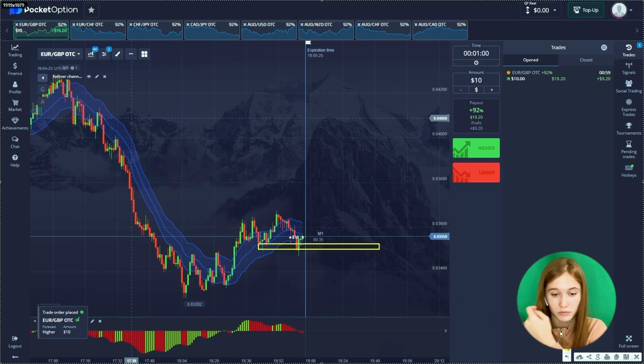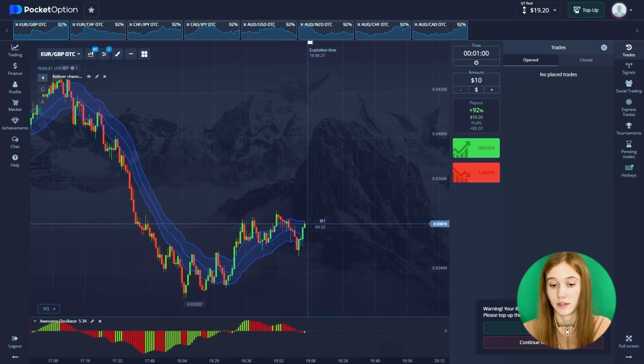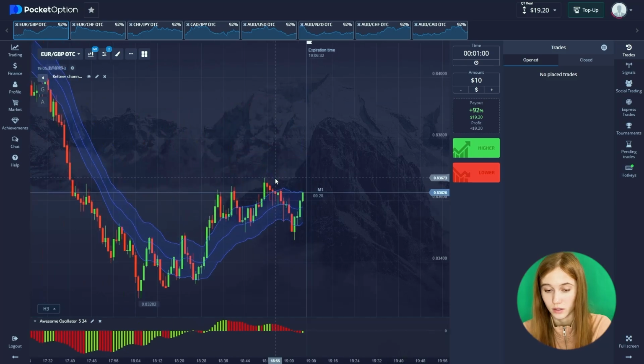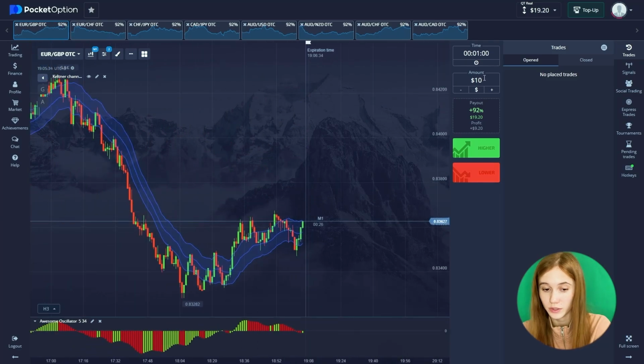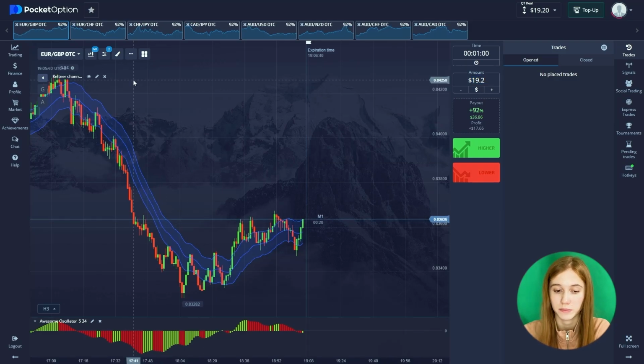Nevertheless, we see we reached the upper position for growth. Our resistance level, we see that this is what happens. Yeah, it's good, very nice. Plus deal, $19. And we go on.